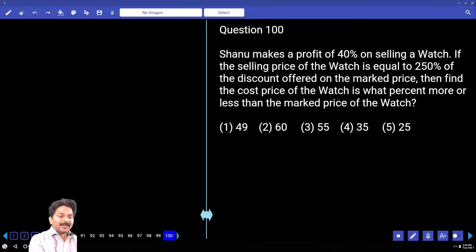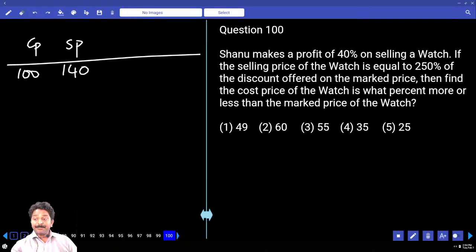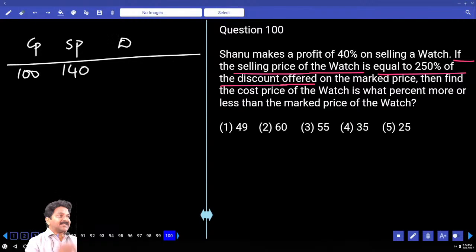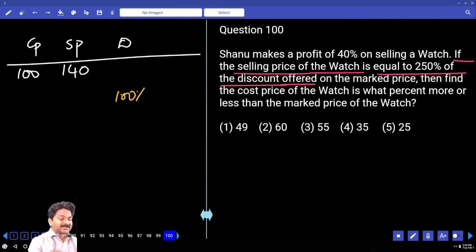So here I would like to take the cost price as 100. Profit is 40, so selling price is 140. If the selling price is equal to 250% of the discount, that means there is a discount here. According to this condition, if discount is 100%, selling price is 250%.